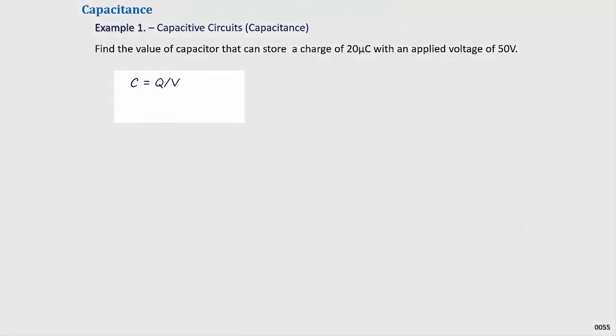From the formula, we know that the capacitance C is equal to the charge Q divided by applied voltage V. Substituting the values, C equals 20 times 10 to the power minus 6 divided by 50, which equals 0.4 microfarads.